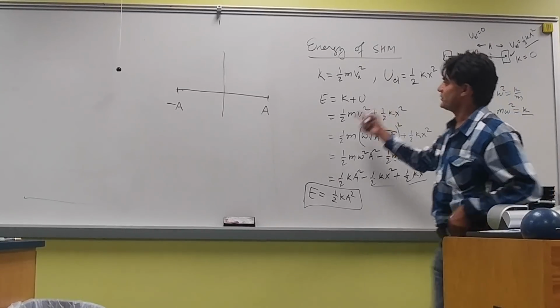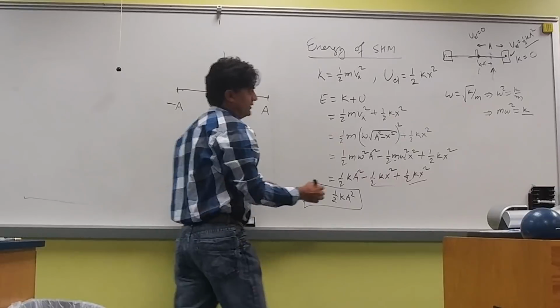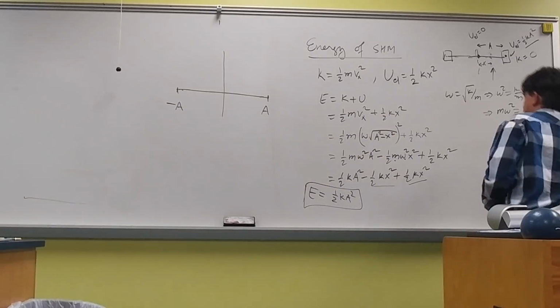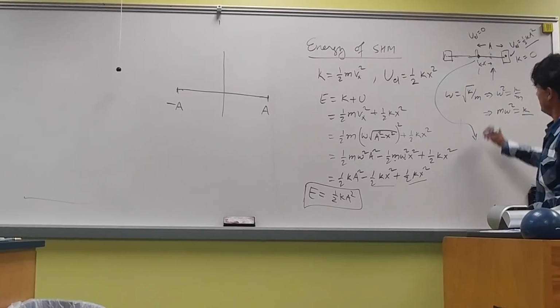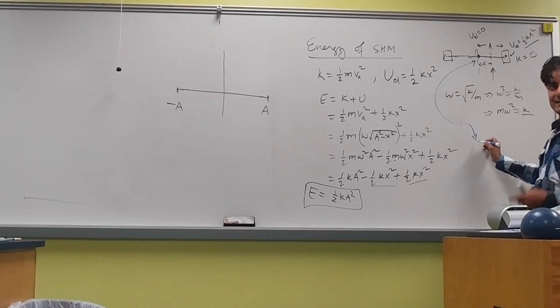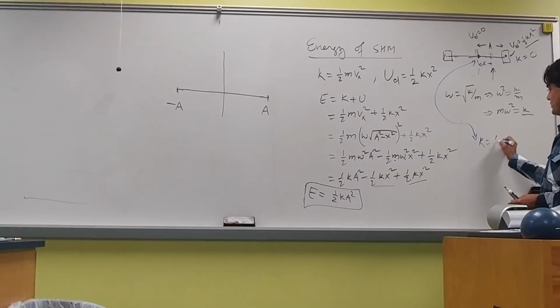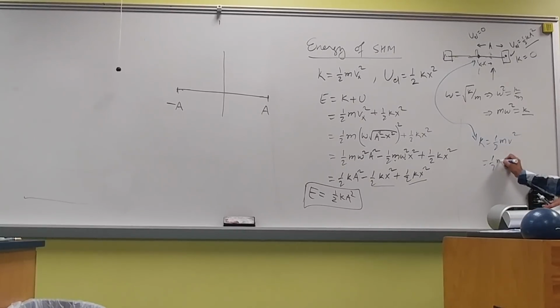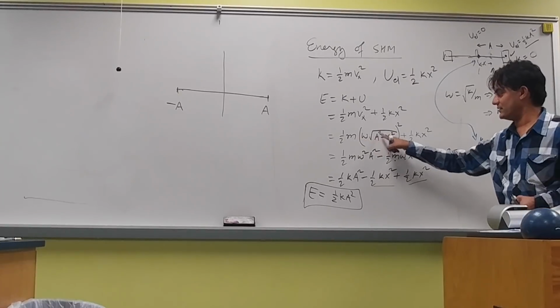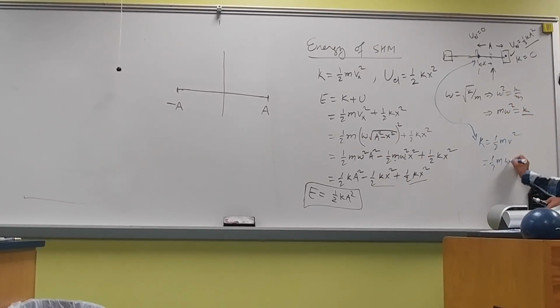Let me do it here with another ink. At this point, my kinetic energy K is what? 1/2 m v square. The formula for v square is omega square times a square minus x square, but x is 0.